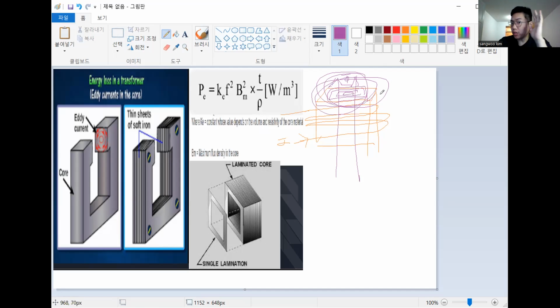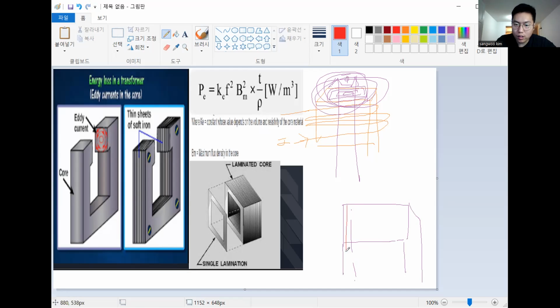We want to reduce it. That's why we laminate this. Sorry, my drawing skill is not good. This is a box, right?